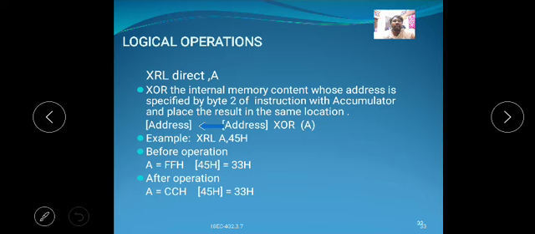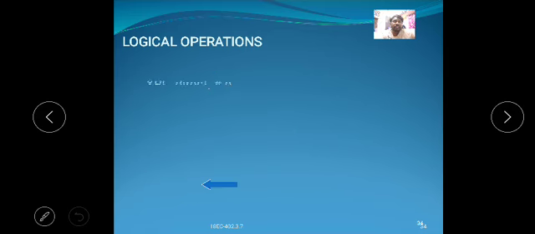Address XOR A. Example: XRL 45H, A. Before operation A is equal to FF. The address of memory location 45H, content is 33. After XRL operation, A is equal to CC, then 45H is equal to 33.